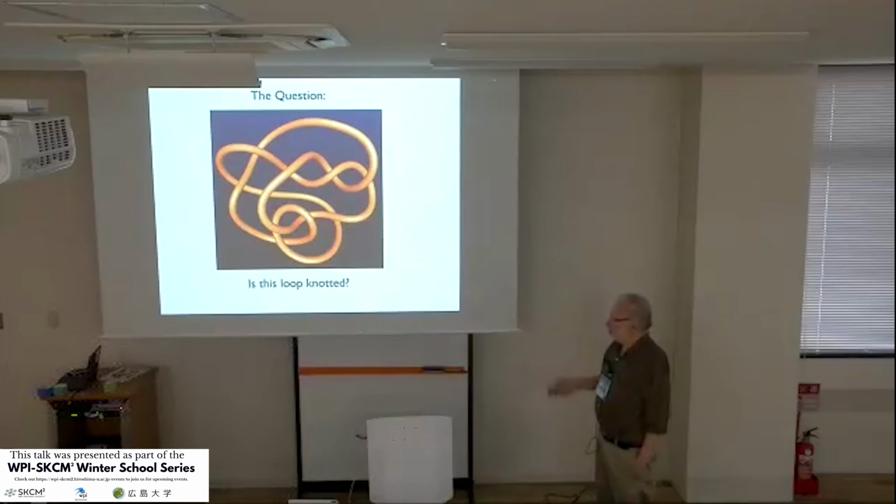Of course, going back to the beginning about the knot problem, the problem is that you can have things in front of you that are maybe knotted or maybe unknotted, but it's rather difficult to tell.